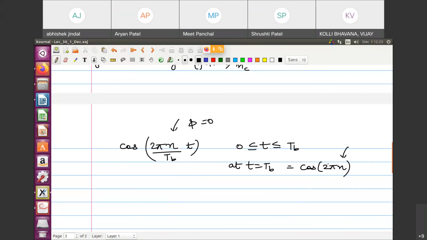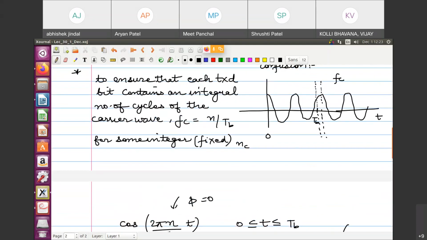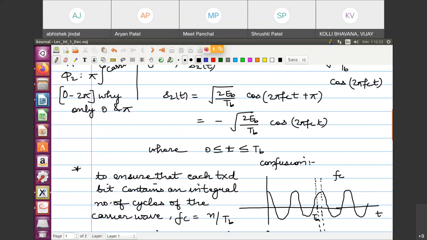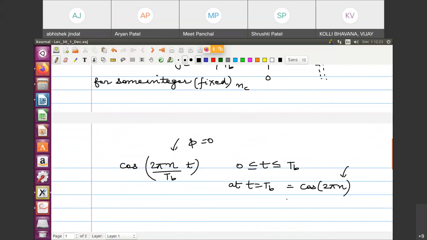So it means that it will have full cycles. One cycle is 2 pi, and it terminates at n times 2 pi, starting the angle from 0. So this logic works fine: if you choose fc as n upon Tb, then in the interval 0 to Tb you will always have an integral number of cycles, n cycles, because it terminates at n into 2 pi.